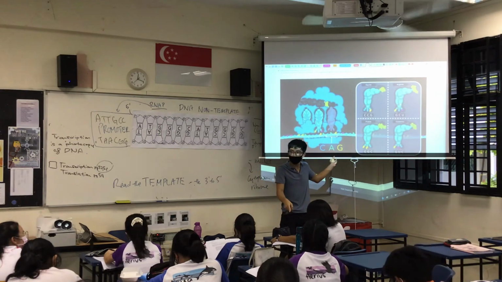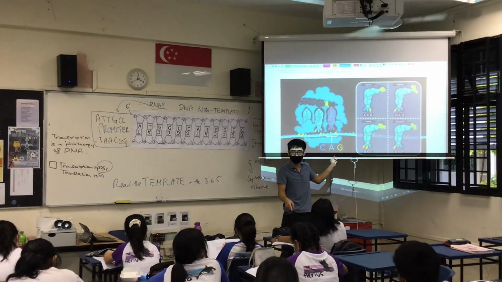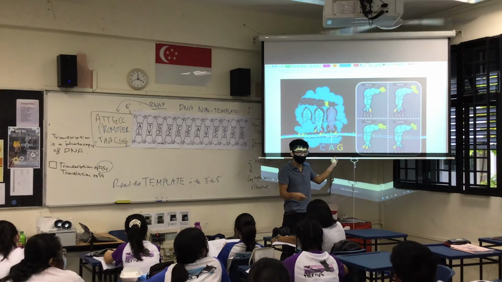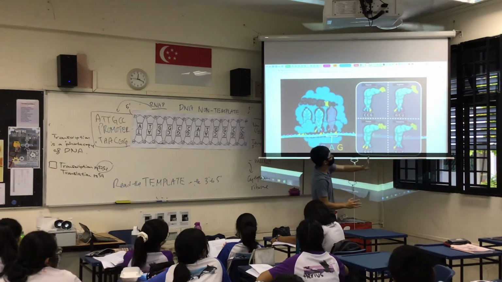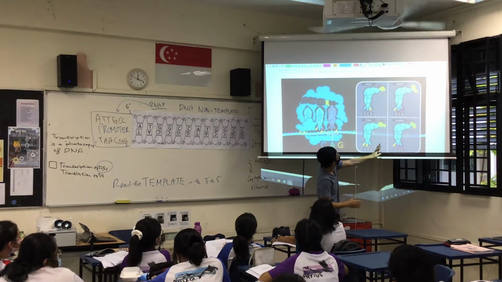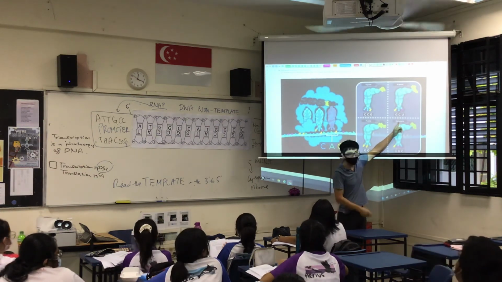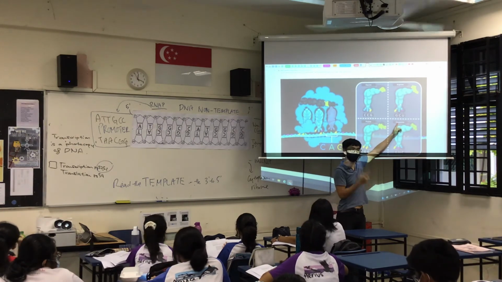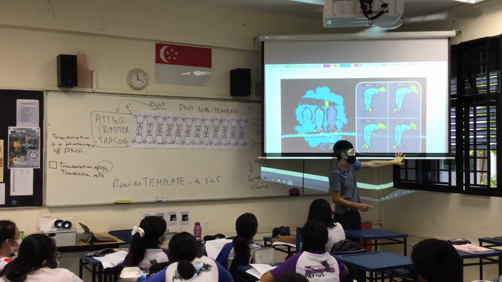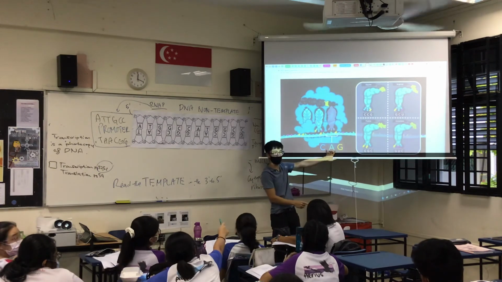Can you find CAG on the genetic code? What's it called? Okay, GLN? Okay, let's find GLN. Okay, this one. So I need to bring this in. How does it bring it in? The fact that it has an anticodon that is complementary to this over here.